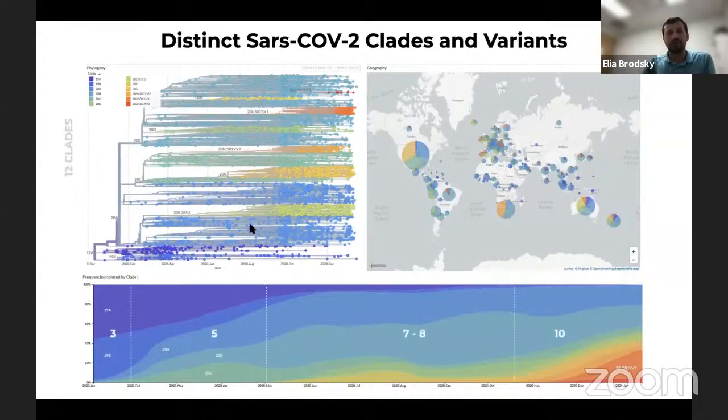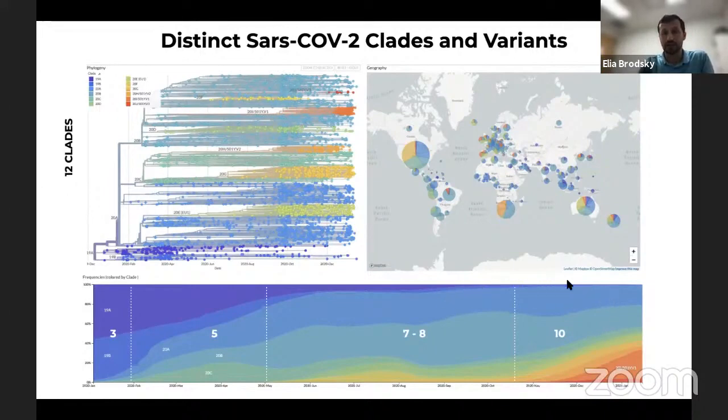So for example, here you can see how the number of types of clades that have been reported is growing over the course of this pandemic, from 3, then to 5, to then 8, and then to 10. And so that number will continue to grow, and the specific proportions here are important as well.